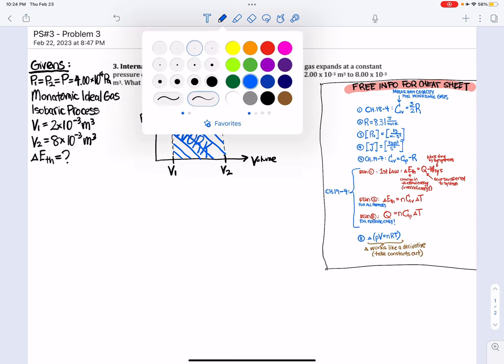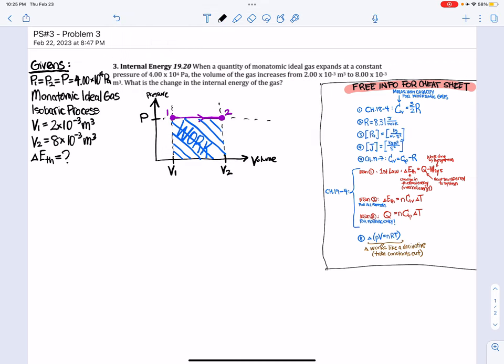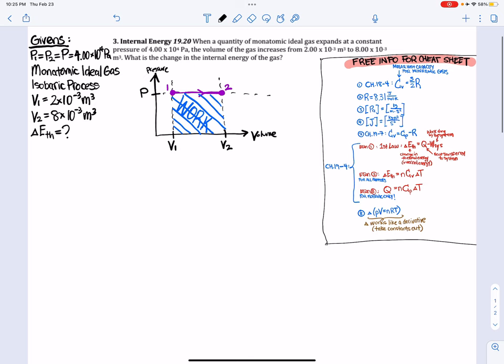And now, there are actually two ways to solve for the change in internal energy of the gas, or the change in thermal energy of the gas, right? And I'll write those two ways down, and then I will solve it one way and then solve the other way, okay?